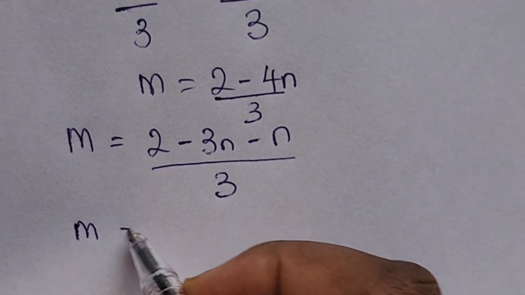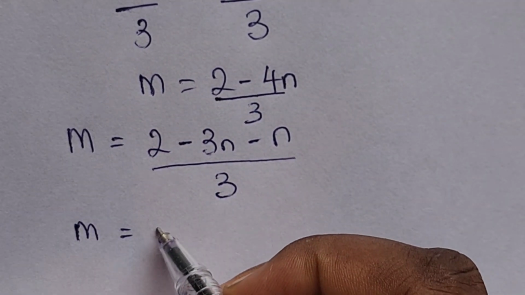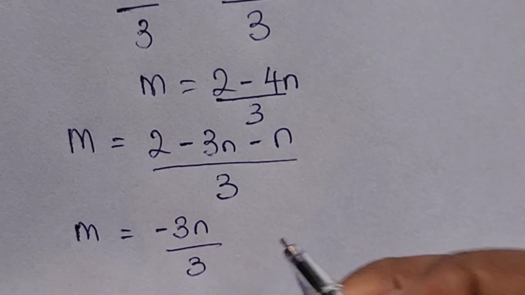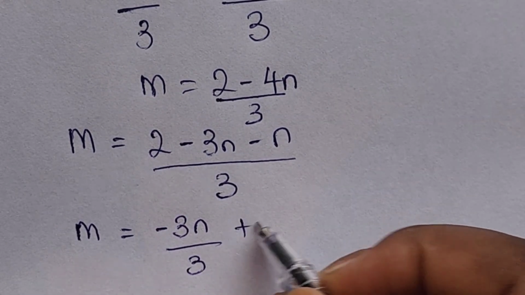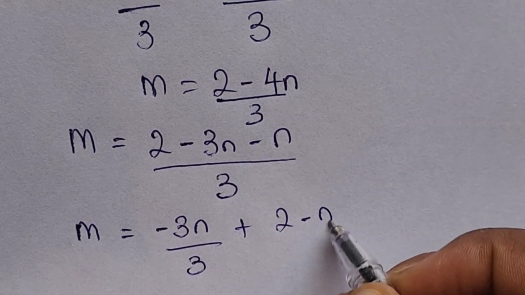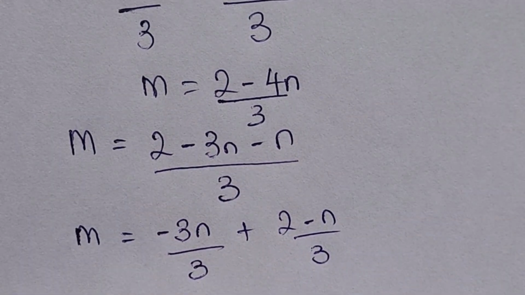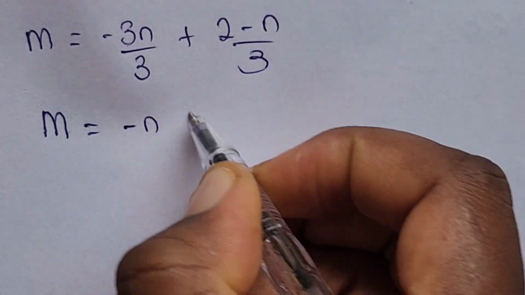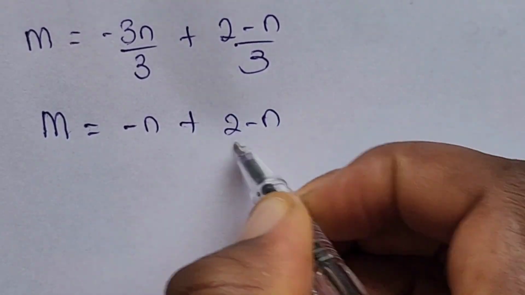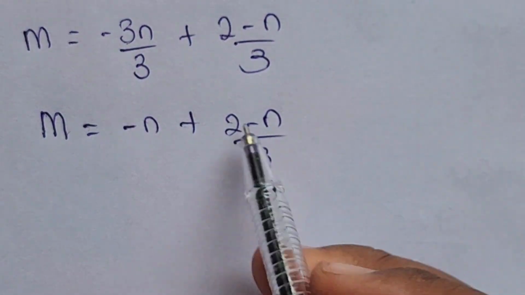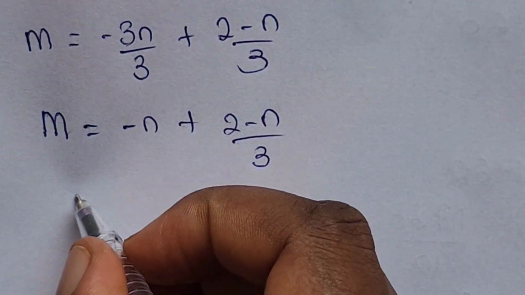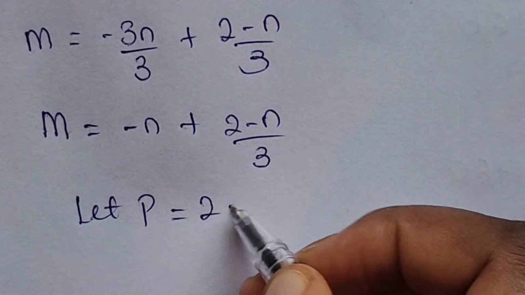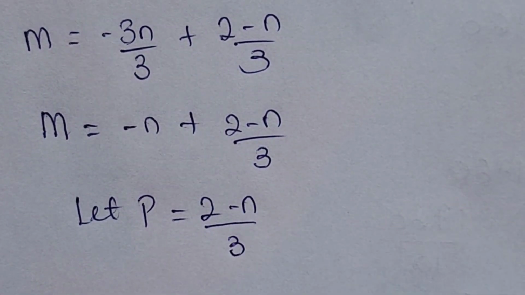So our m is equal to minus 3n over 3, and we have plus 2 minus n over 3. So we have m equal to minus n plus 2 minus n over 3. So we'll name this fraction p, 2 minus n over 3.